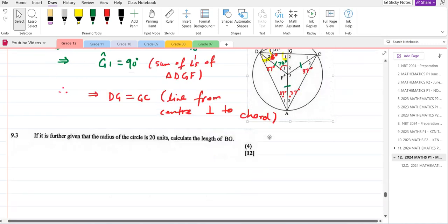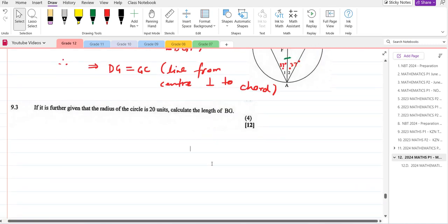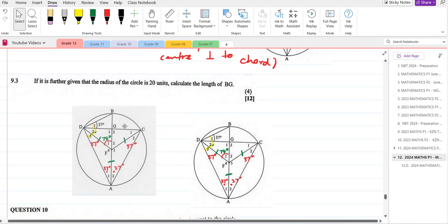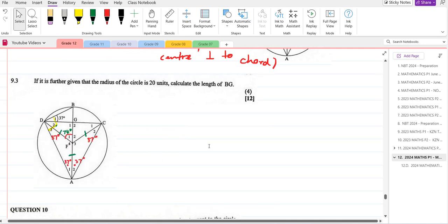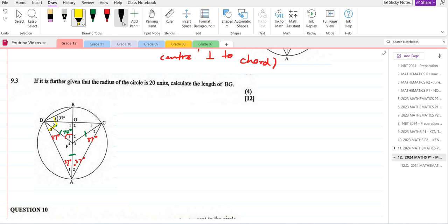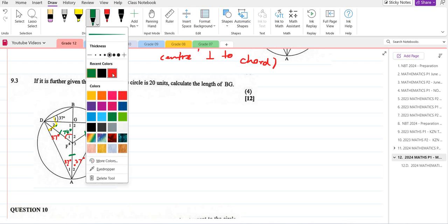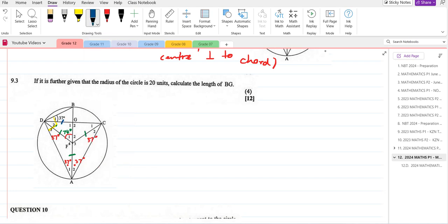Let's take this information down here. Right, so we already know that these two lines are equal. That's 90.